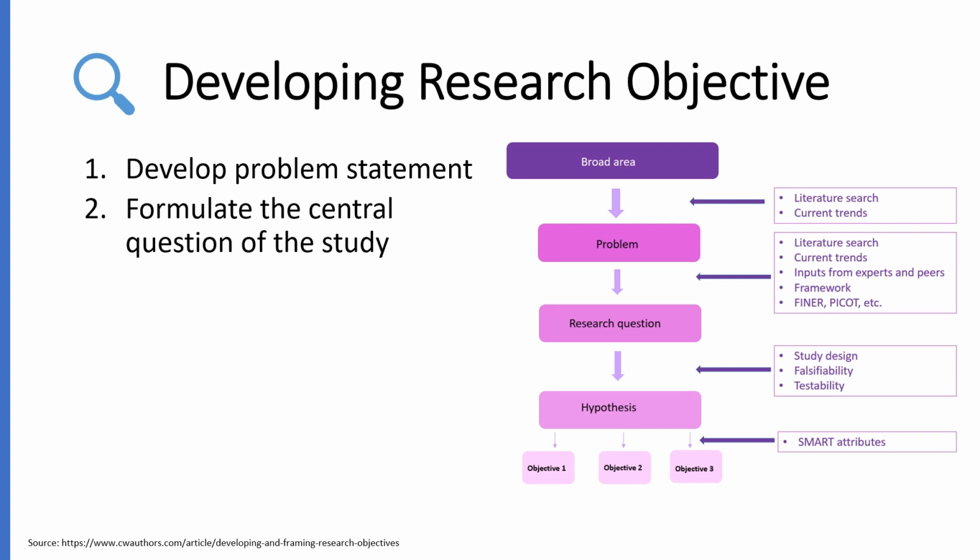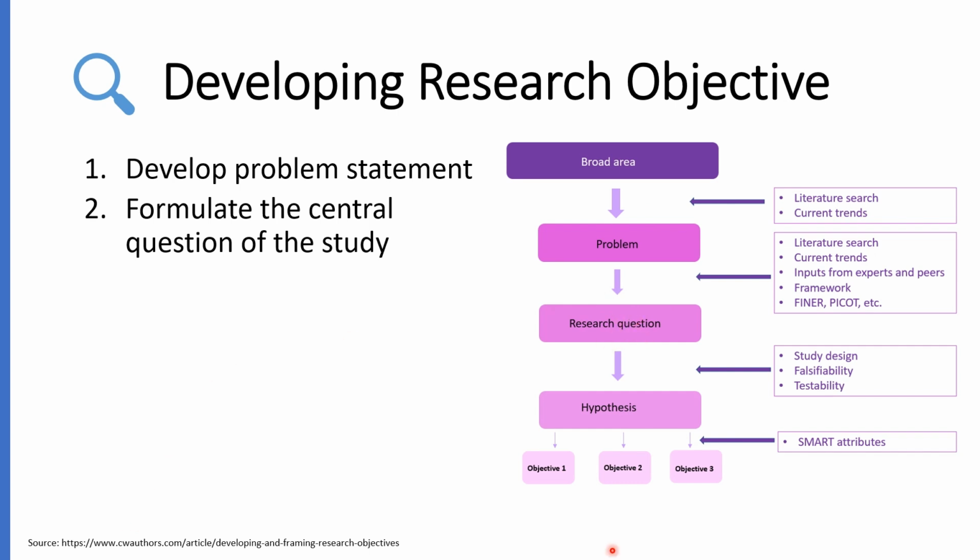As you can see in this illustration, we have the broad area, and from that broad area, based on your literature search and the current trends of research, you now have a problem statement. And from doing literature search, current trends, inputs from experts and peers, frameworks, and other approaches, you narrow down this problem to a research question, or the central question of the study.